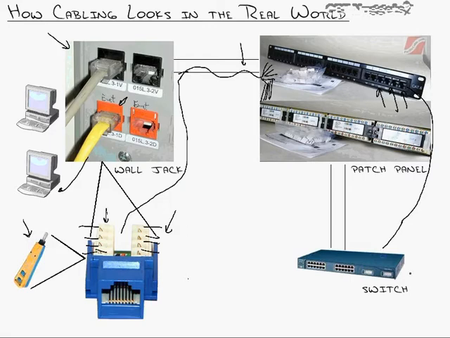Now you might wonder, well, why do you have this patch panel in between? Why don't you just save a crimp and save an extra thing and just run that straight to the switch without the patch panel? Well, the reason we have that is because a lot of times our switches will move, or we'll want to move our cables from one switch to another. And if we've just run it straight to the switch, then typically the cables are just long enough to make it there.